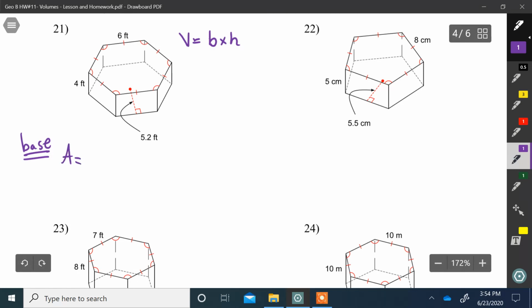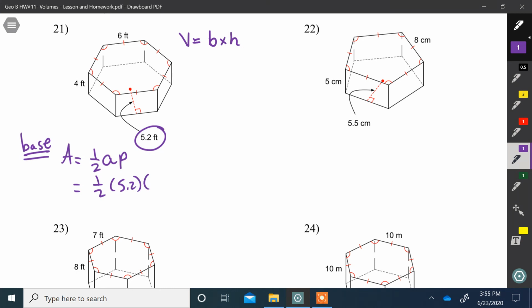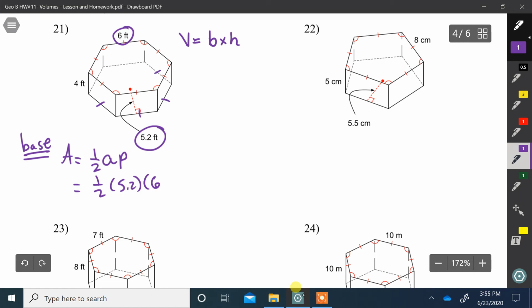The area of a polygon can be found by multiplying half times the apothem times the perimeter. The apothem in this case is given to you as 5.2. The perimeter, if this side is 6, will be 6 times the number of sides. We have 1, 2, 3, 4, 5, and 6.